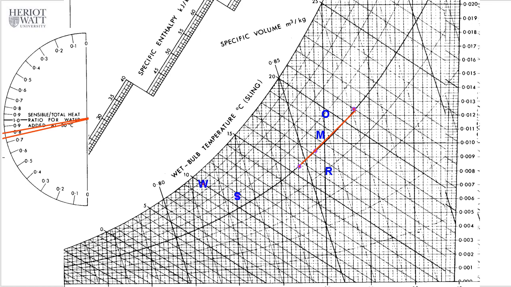Then you also find W, the off-coil state, because it says 11 degrees 90%, so you have this W. When you have these two points, M and W, you draw a line linking them together and extend it to meet the 100% saturation line. Then you get the apparatus dew point, okay, A. Then you use the calculation of room ratio lines.